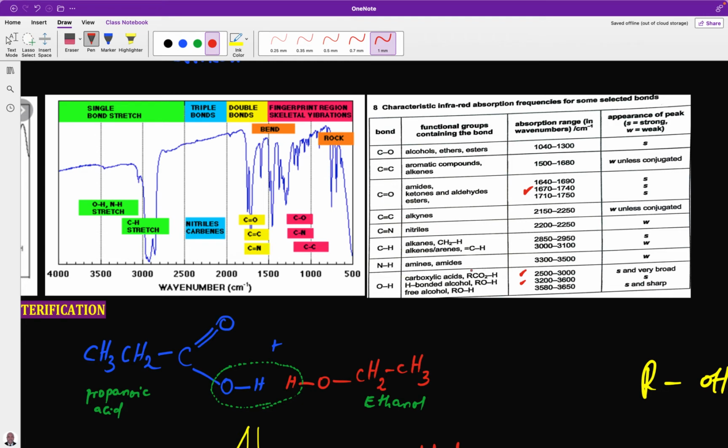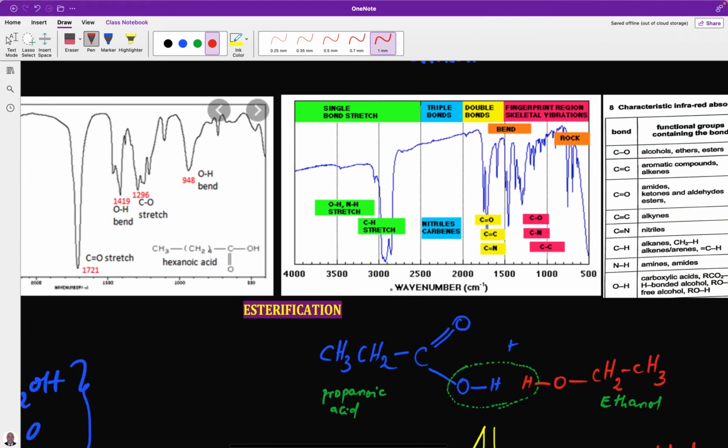Another difference is that in the alcohol, in propan-1-ol, there will be a peak within the absorption range of 3,200 to 3,600, because of the OH group.